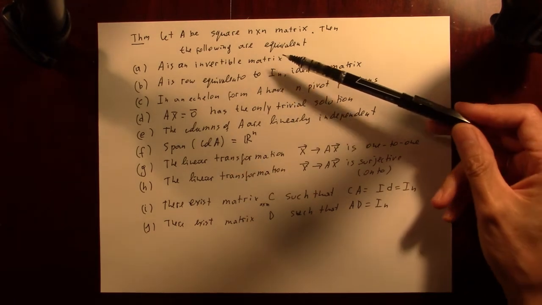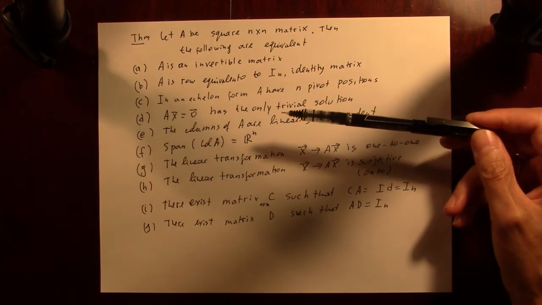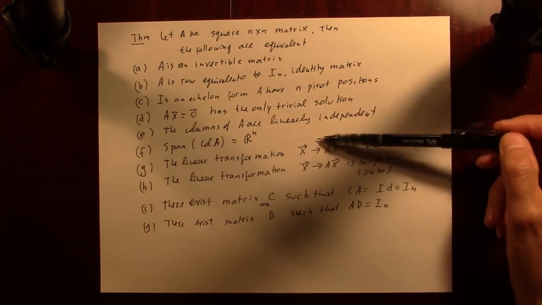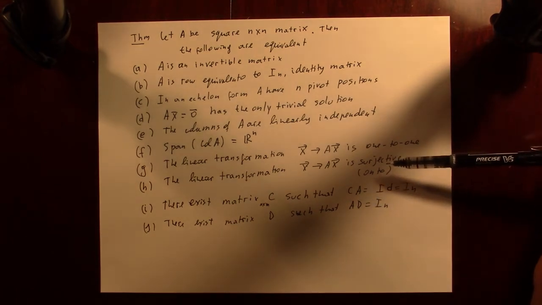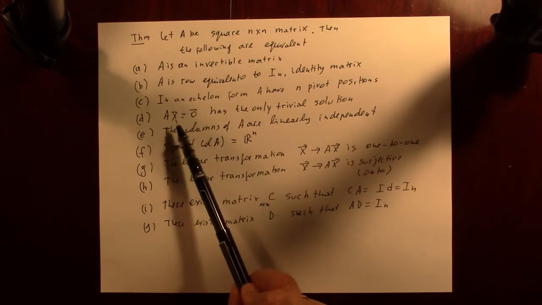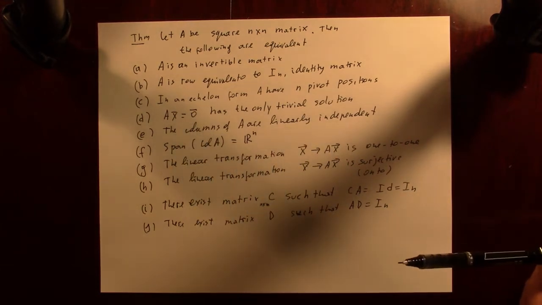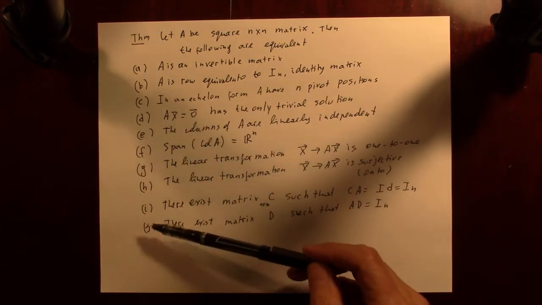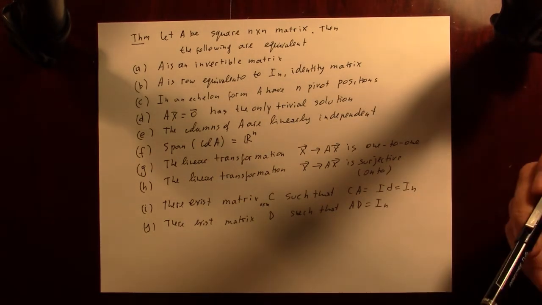Now, A being invertible implies that our corresponding linear transformation x to Ax is going to be bijective, which is both one-to-one and surjective, and which also implies that when we're trying to solve Ax equals 0, we're going to have only a trivial solution. And I and J are almost the definition of what the invertible matrices are.